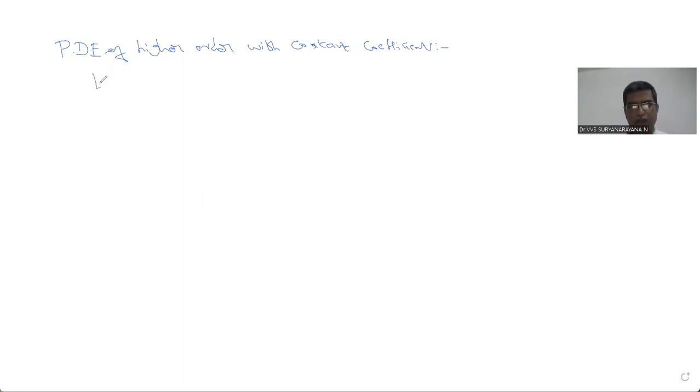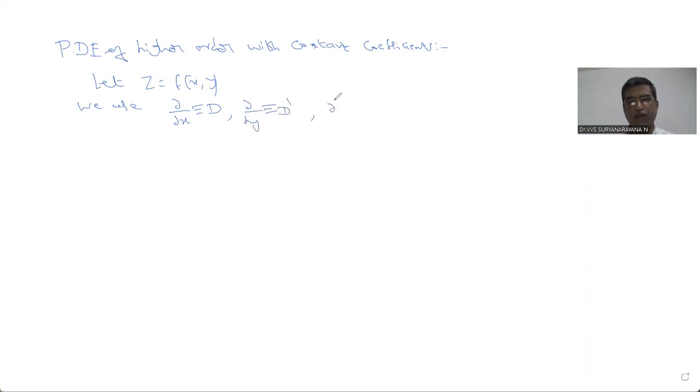Let z be a function of two variables, x and y. x and y are independent variables, and z depends on both x and y. So we use the following notation. Dou by dou x will be denoted with capital D, and dou by dou y will be denoted with capital D dash.